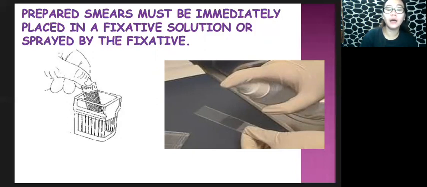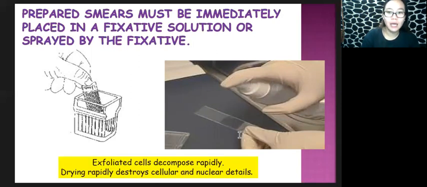So in the laboratory, which one is more preferred? It's via spraying, because there is a less likelihood that your smear will be washed out by the fixative. So that's why we prefer the spraying method.